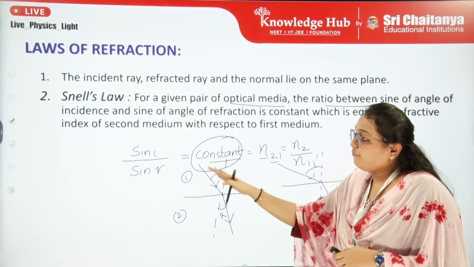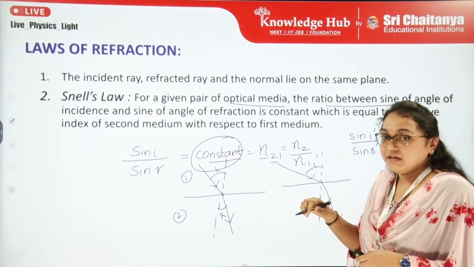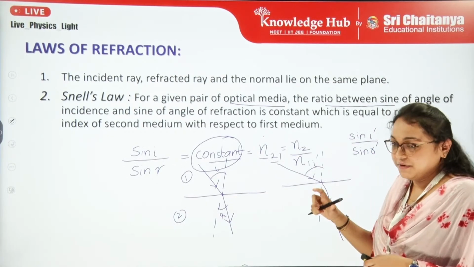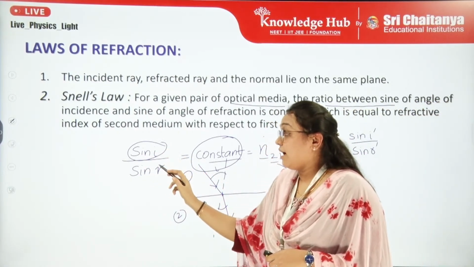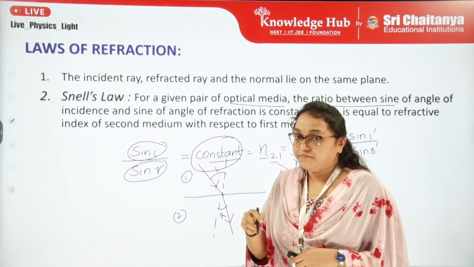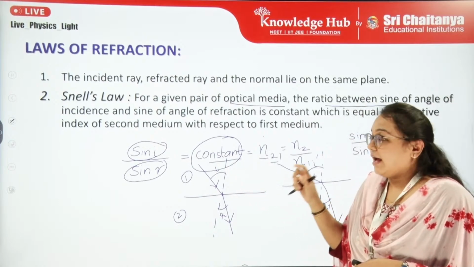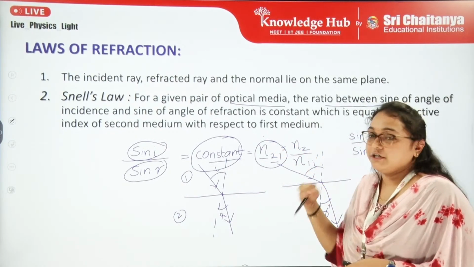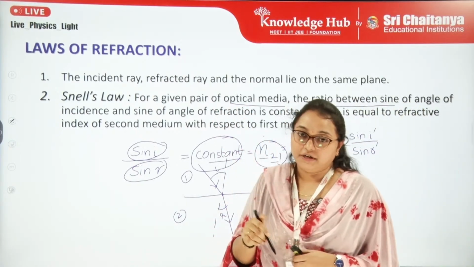Even if you change the angle of incidence to some other angle, say I dash, what happens to angle of refraction? It definitely changes in such a way that if you again take the ratio of sine I dash and sine R dash this time, that will be same as sine I by sine R, and that is constant, and that value is refractive index of second medium with respect to first medium, and that is why we have included for a given pair of optical media.